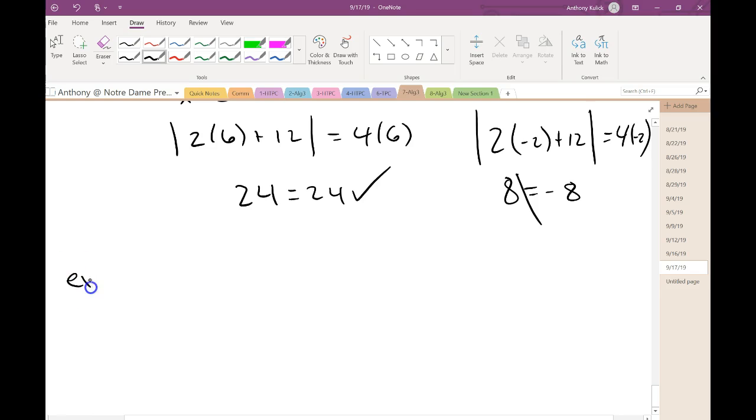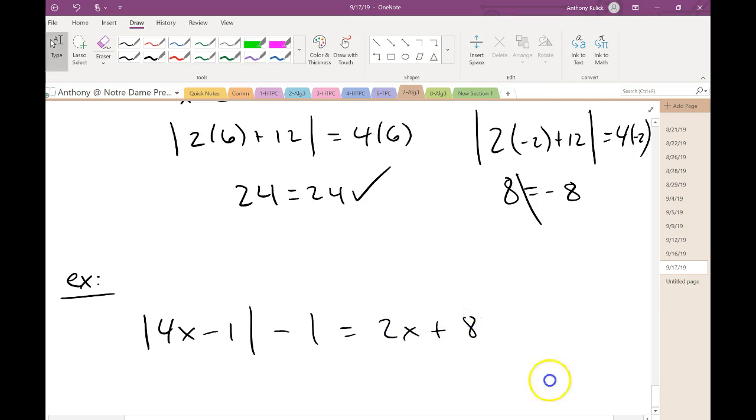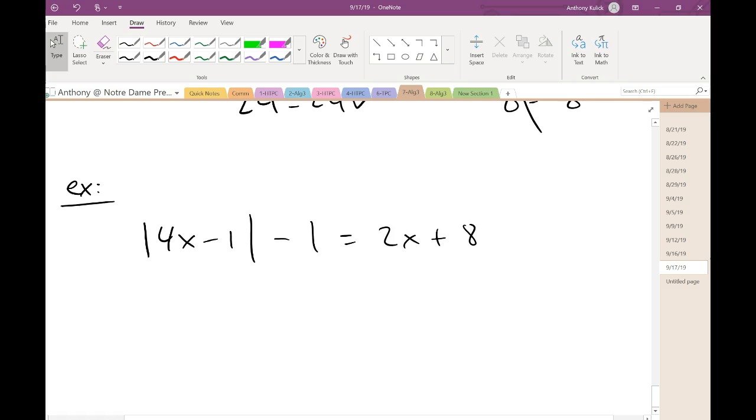Let's do another example here. What if, yes, Christian? Yes, of course. So let's say we have the absolute value of 4x minus 1, minus 1 equals 2x plus 8. Good.